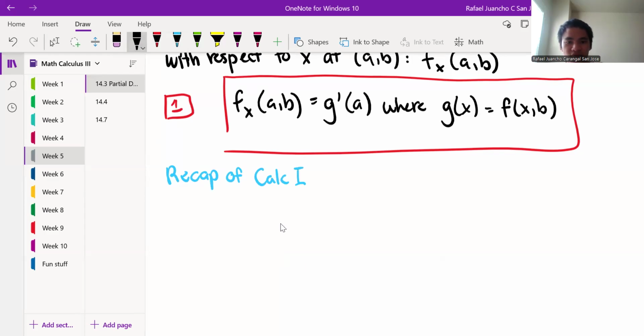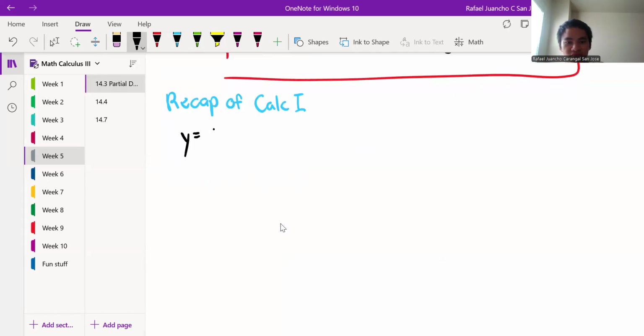So here the idea was, let's say we were given some function, right? And in this function, we want to find the tangent line at a point x, right? So how do we do that? Well, we actually just use a limit definition here.